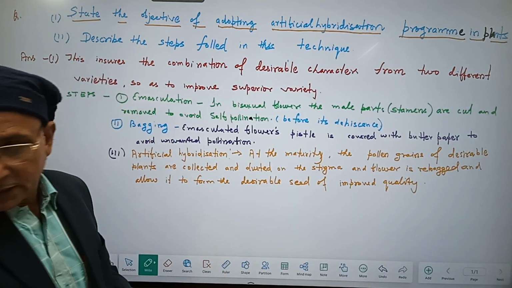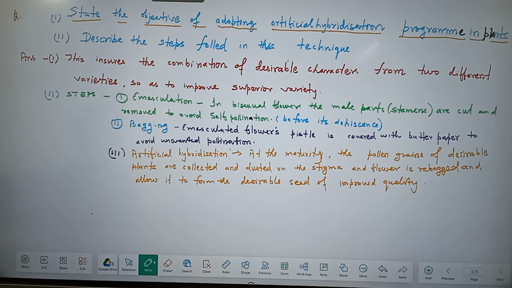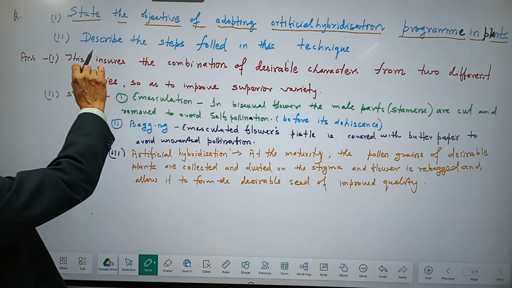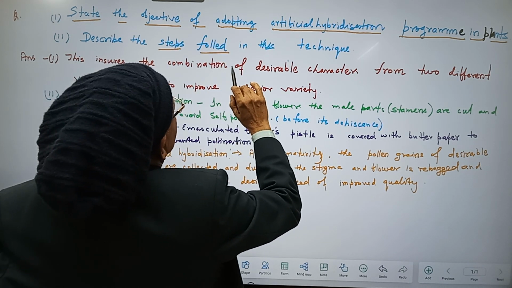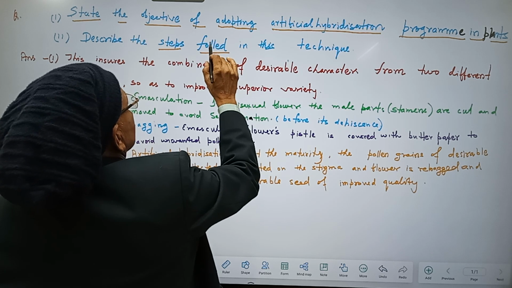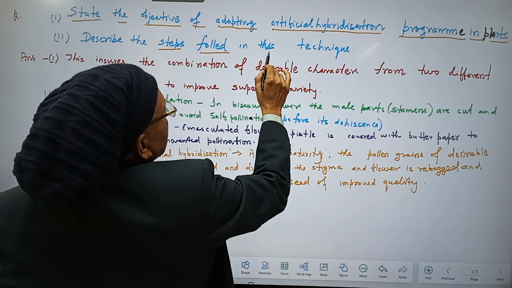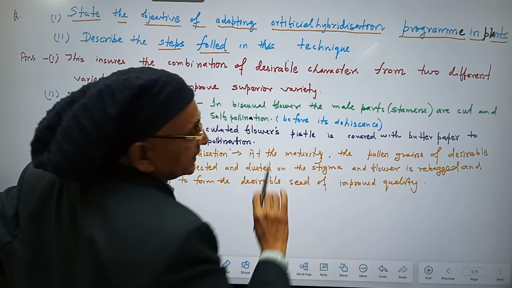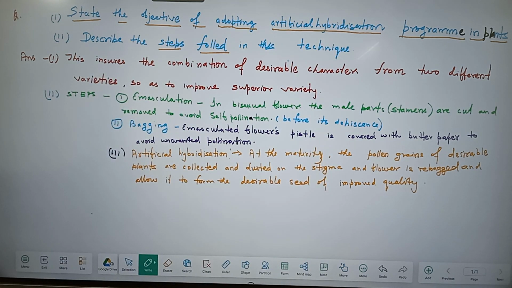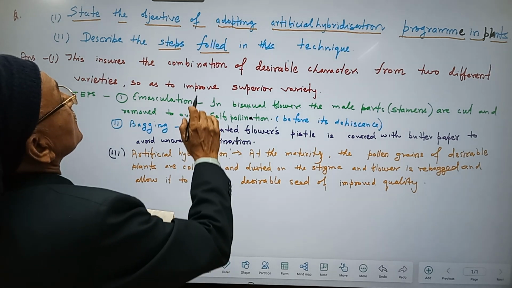Question 1 and the second part together carry 5 marks, so this question carries 2.5 marks. The second part is: describe the steps followed in this technique.